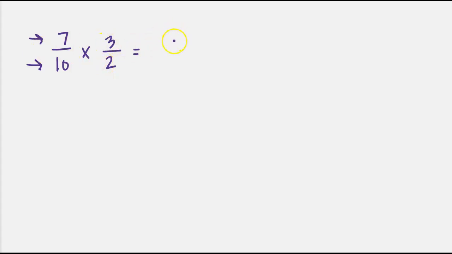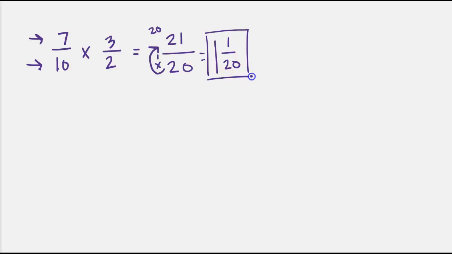I'm still going to multiply. 7 times 3 is 21. 10 times 2 is 20. I want to see how many times 20 can go into 21. Well, obviously I know that's only going to be once, and I get 20. So one time, I have 1 left over with a denominator that stays the same, which gives me 1/20.